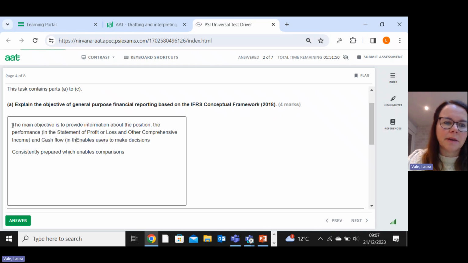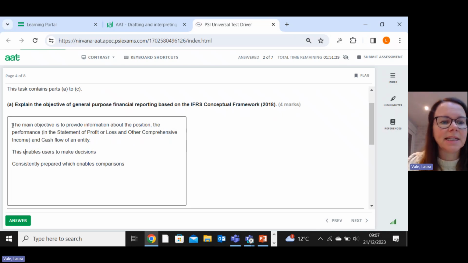I think that's fairly obvious: it provides information about the position, the performance, and the cash flow of an entity. I'll probably start a new sentence, a new point. This enables users to make key decisions. And I was still thinking that's probably not enough for 4 marks.